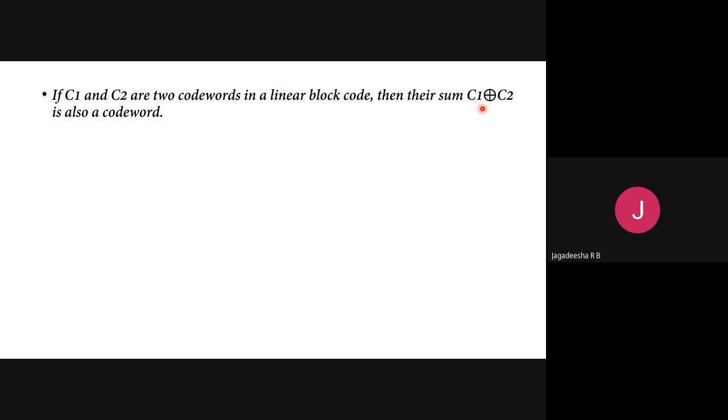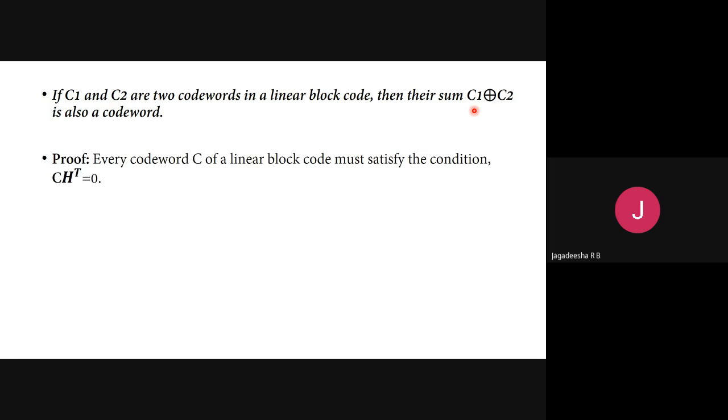We can claim this as a theorem. If C1 and C2 are two code words in a linear block code, then their sum, that is C1 plus C2, is also a code word. This is a theorem, or a property. How to prove this property? Every code word C of a linear block code must satisfy the condition C H transpose is equal to 0. In the previous property, we have witnessed this, C H transpose is equal to 0, and this should be exhibited by every code word.